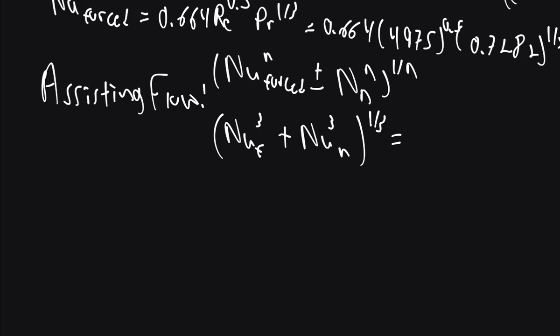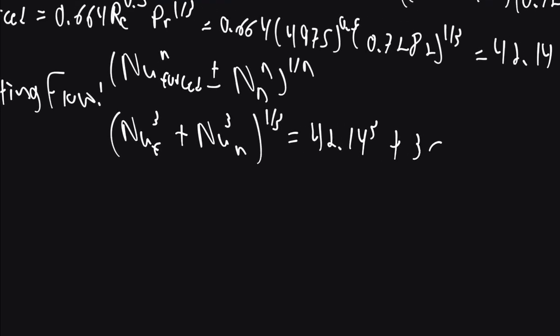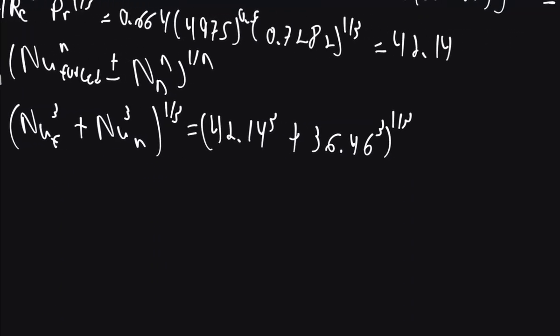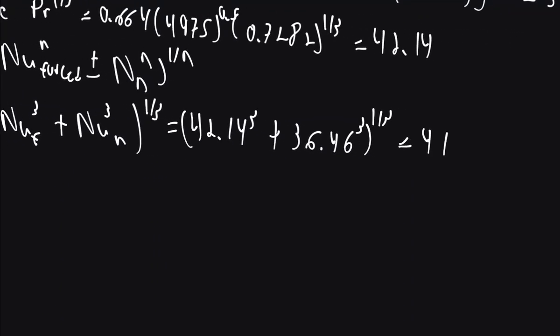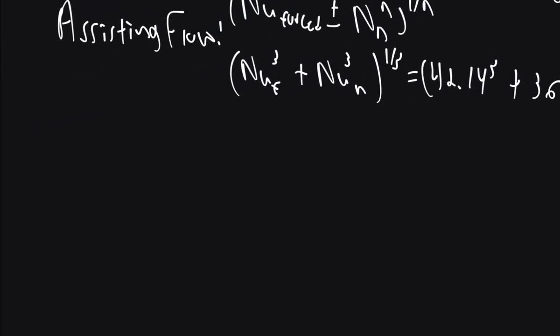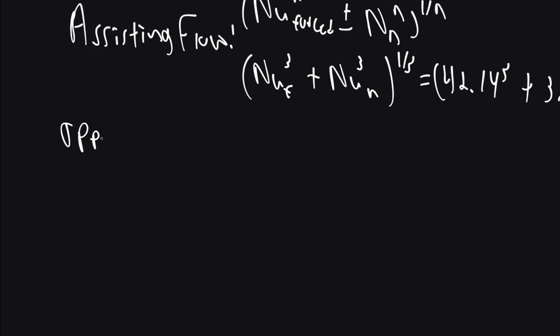And then we start plugging in our numbers. We get 42.14 cubed plus 36.46 cubed, to the 1/3. And you get 49.8. And opposing flow, still basically the same formula except we subtract.